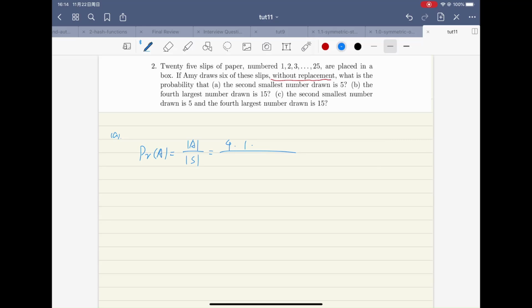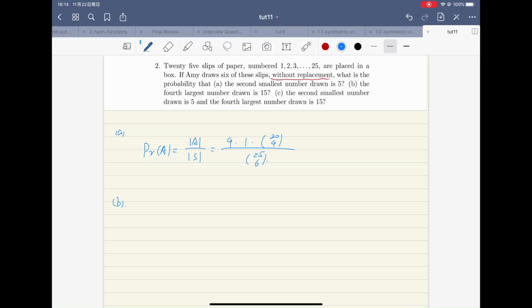We have to make sure the remaining 4 numbers are greater than 5, because 5 is the second smallest. So we have 20 choose 4. And the whole sample space is just 25 choose 6, right? Because we want to choose 6 slips of paper from a set of 25.